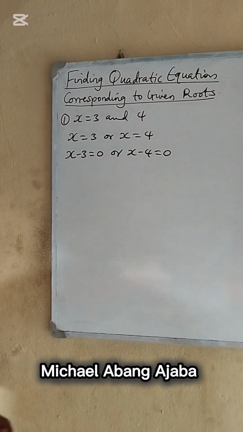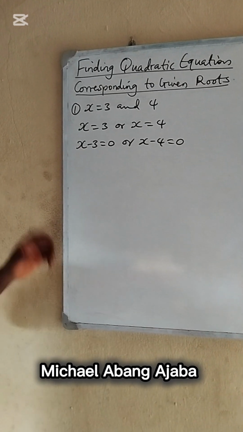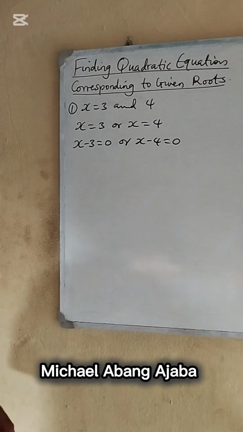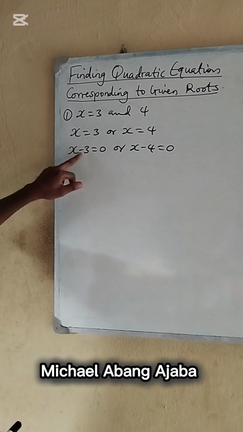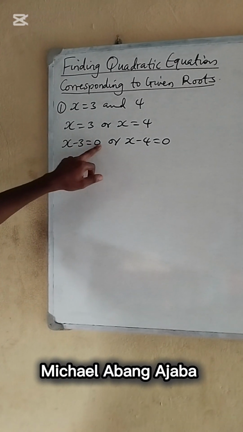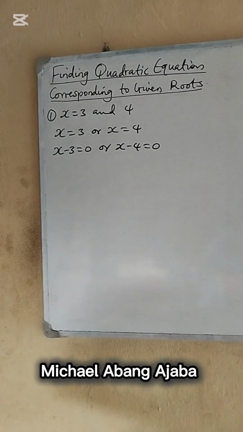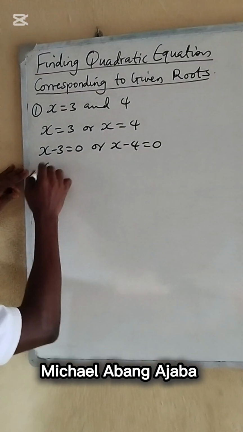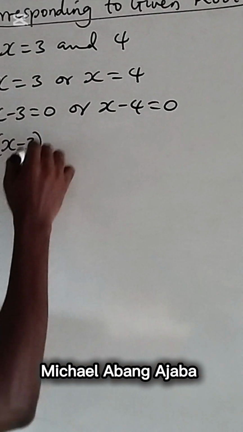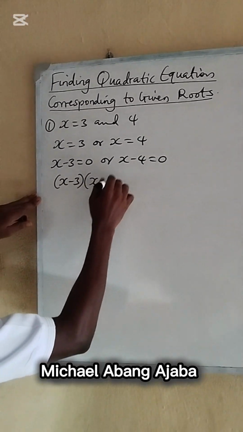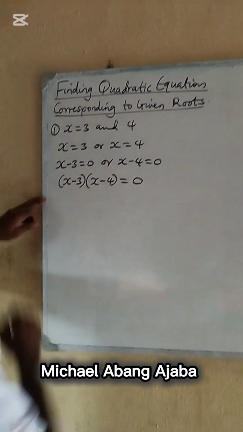I want us to observe something here. If you multiply 0 by 0, the answer is equal to 0. So if you multiply this expression that is equal to 0 and this one that is equal to 0, the answer also will give us 0, meaning the expression x minus 3 times the expression x minus 4 is equal to 0.